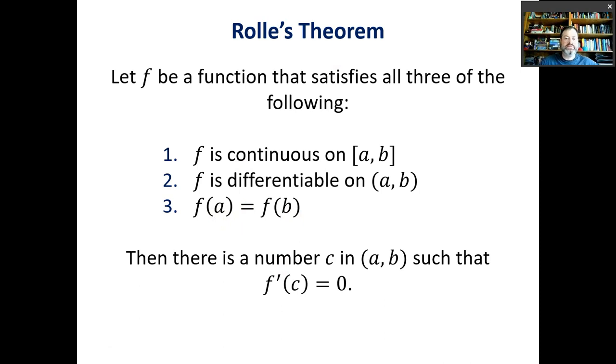If that happens, then there is a number c in (a, b) such that the derivative is 0. So continuous everywhere, differentiable everywhere except the endpoints, and the endpoints are equal, then somewhere in there we have a derivative equal to 0.